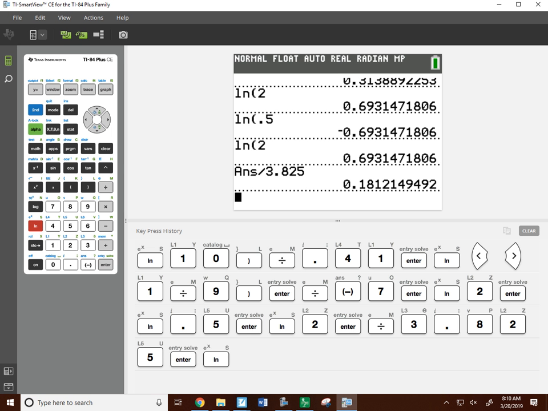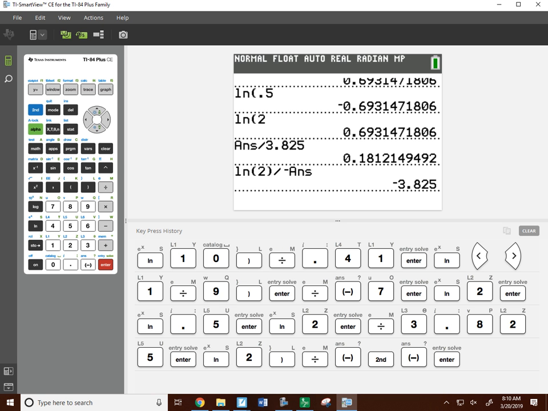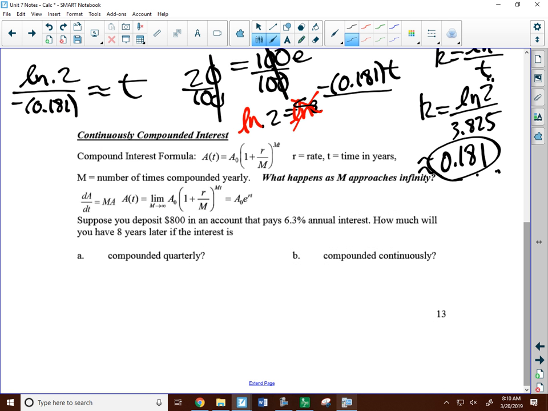By the way, notice that I'm just going to do ln of 0.2 divided by and use the previous answer. So negative, and then just use the previous answer. What did I do here? Put it in right.